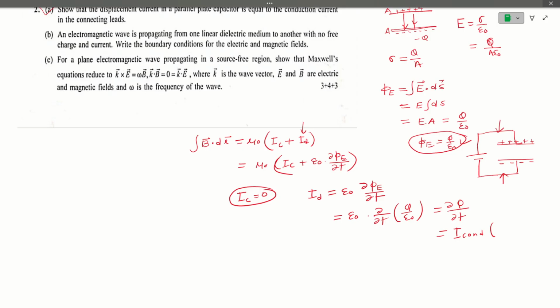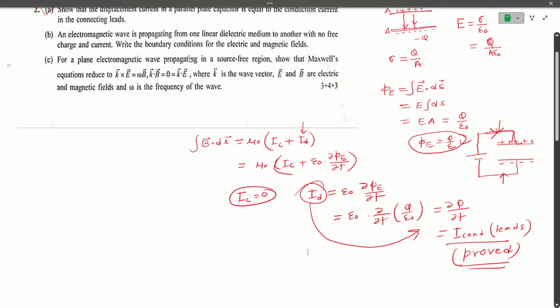Here dq by dt is the current flowing through these connecting wires, so this is the conduction current through the leads. So we can prove that the displacement current I D is nothing but the conduction current in the connecting leads.